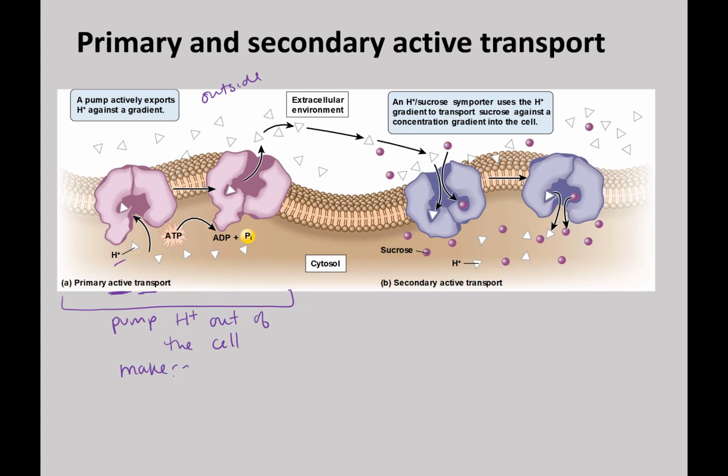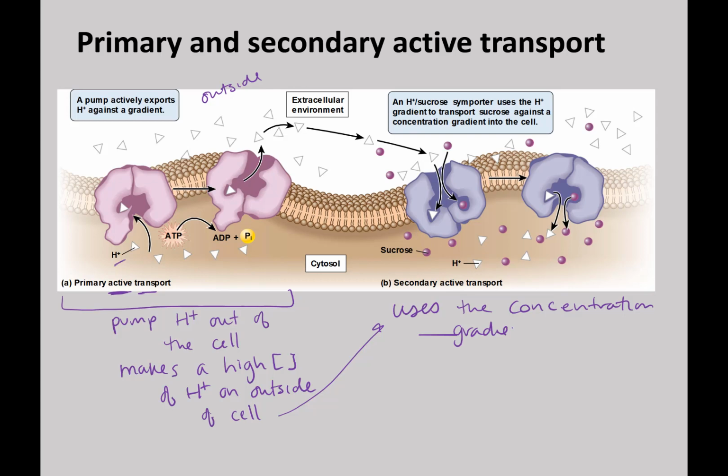Makes a high concentration of H plus on the outside, and then uses the concentration gradient, so the high level of H plus, to bring a second molecule in, in this case sucrose, without more energy.